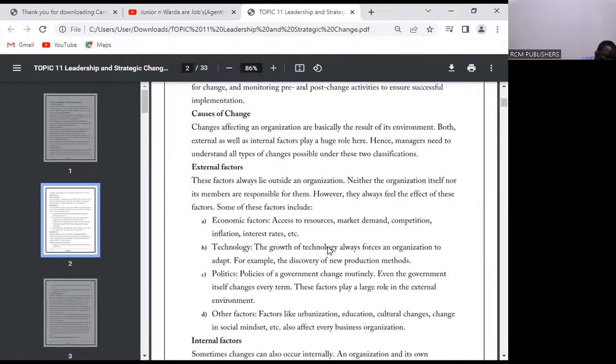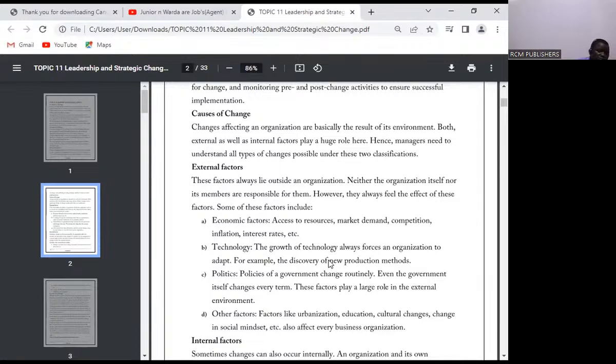Next is technology. Technology can be looked at as both an internal factor and an external factor. For example, if the entity is a disruptor in the marketplace, they are the people who can come up with a new technology. In that case, the technological aspect will be an internal factor to them.